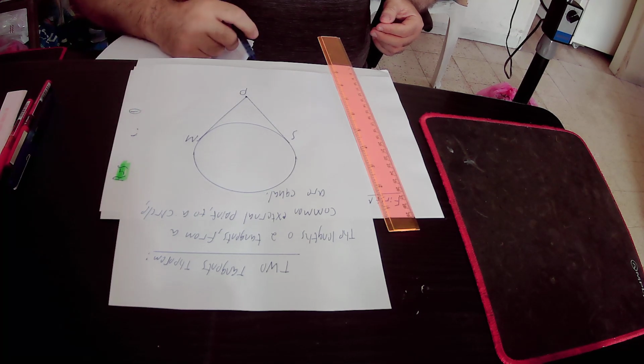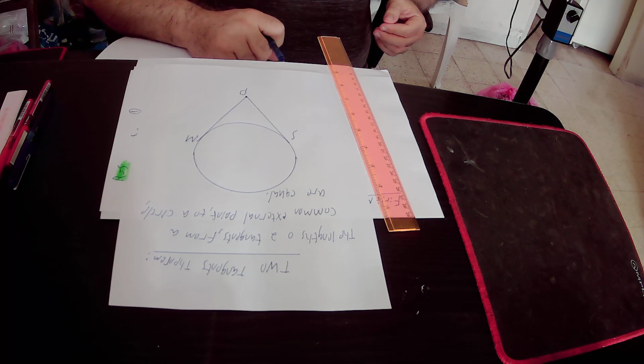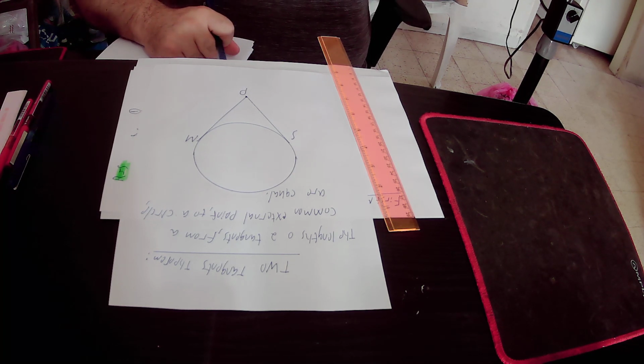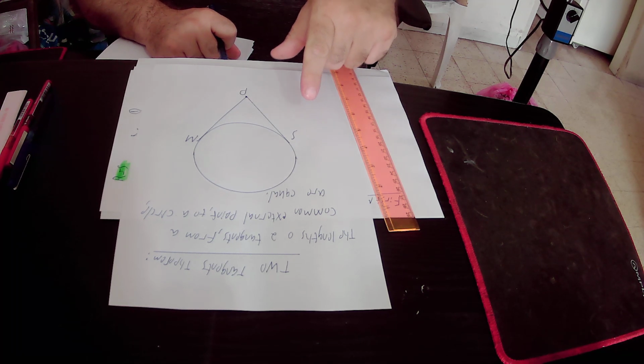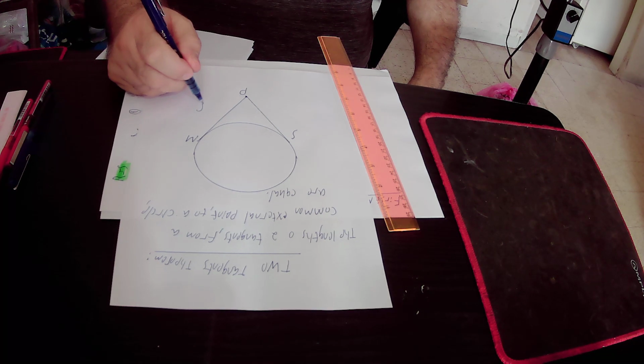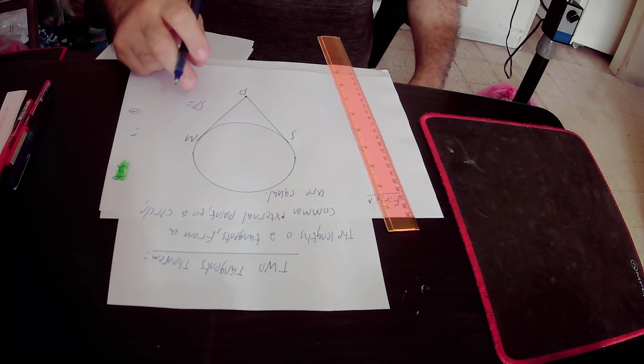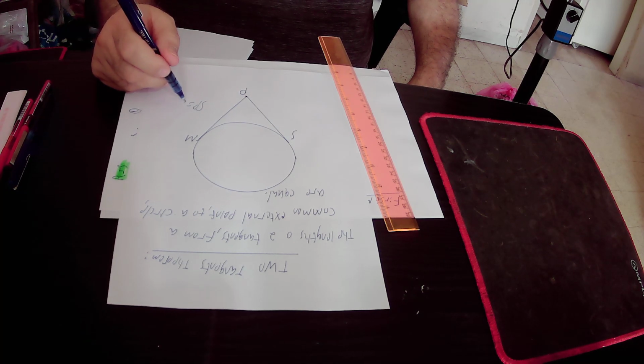Then, according to the two tangents theorem, the lengths of two tangents from a common external point to a circle are equal. So the length of this tangent SP is equal to the length of the other tangent, that is PM.